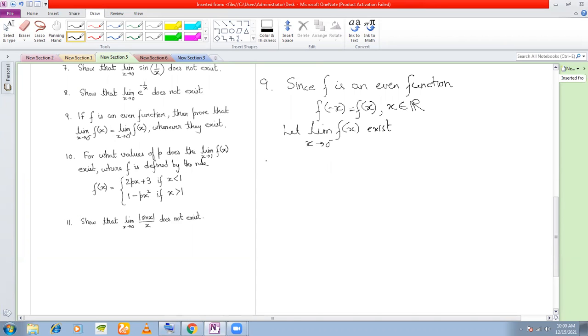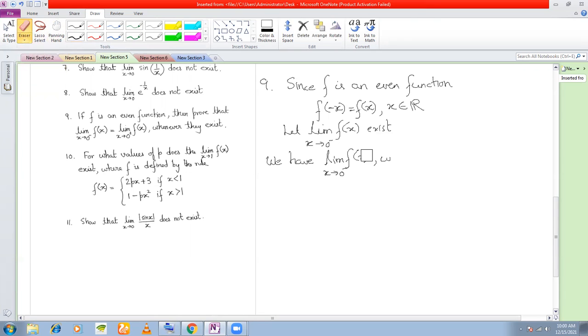So we have the limit as x tends to 0 minus of f of x. How do you evaluate the left hand limit?